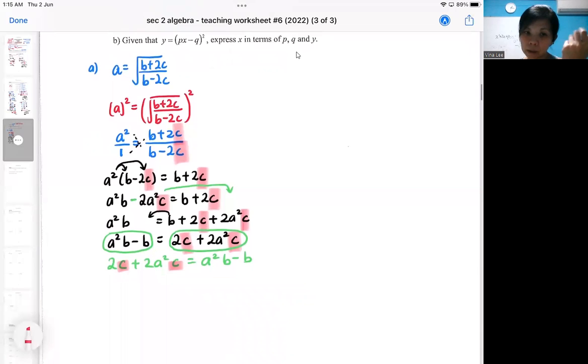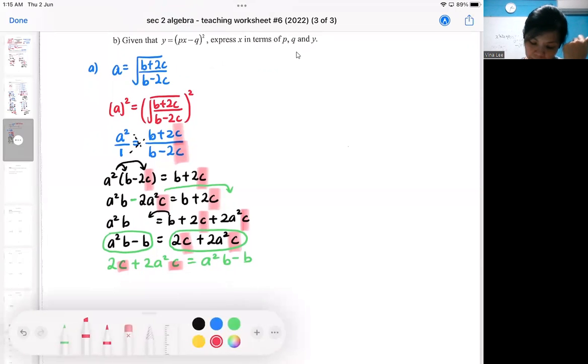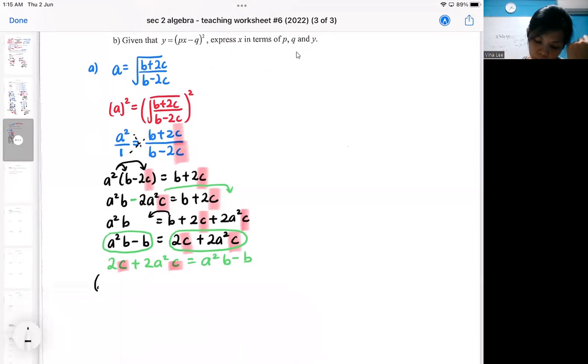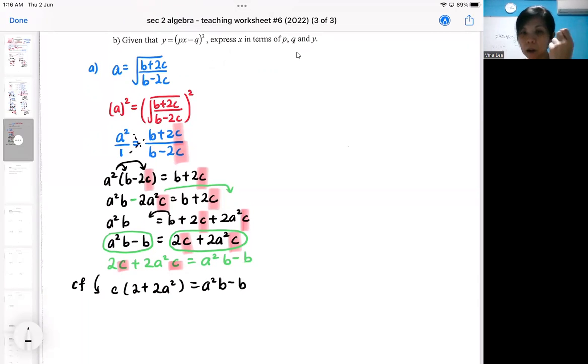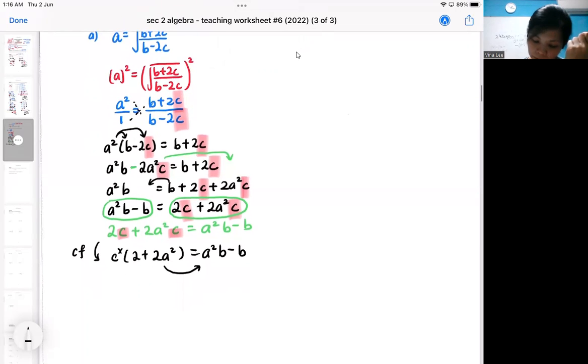Hopefully you can see. If the subject is like this, I should do a take out common factor. Now my subject is multiplied to a bracket, so I should divide over.